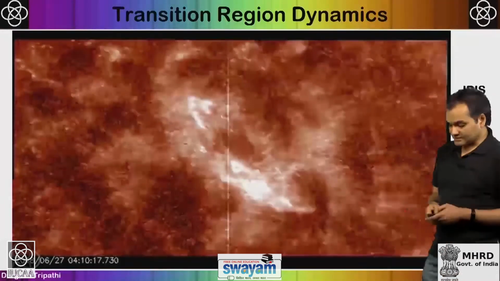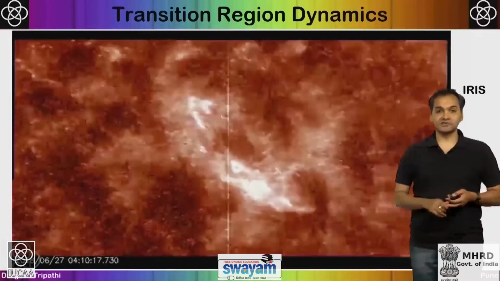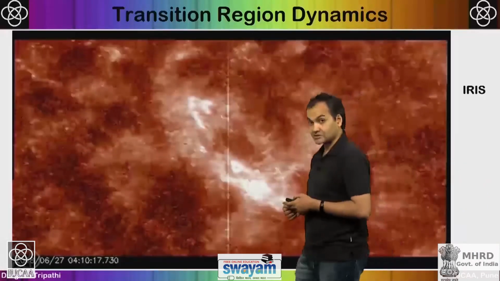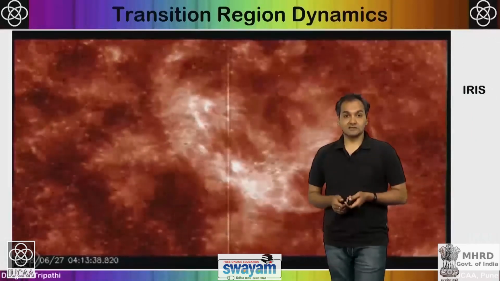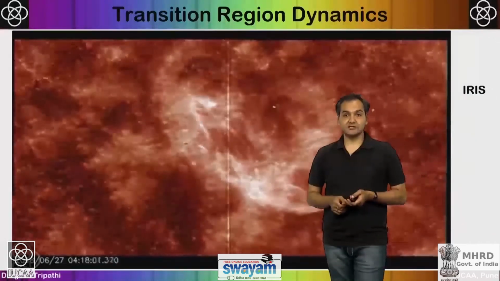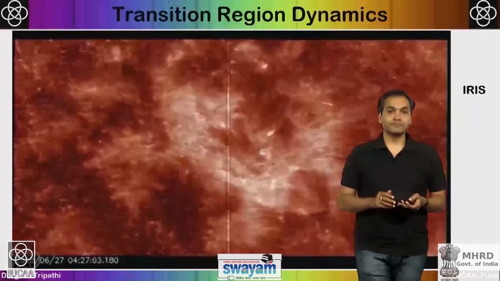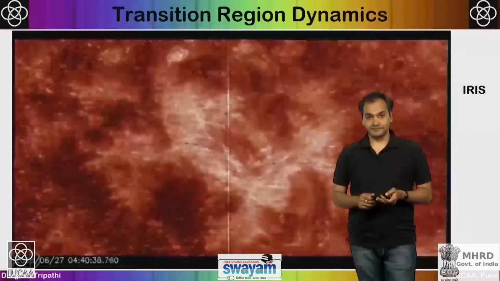Now, the transition region is very dynamic as well. Here is a very high resolution sequence of images put together, taken by the Interface Region Imaging Spectrograph, a NASA mission. What you see is that in the transition region, there are structures everywhere and they are changing on a time scale of minutes and even longer.